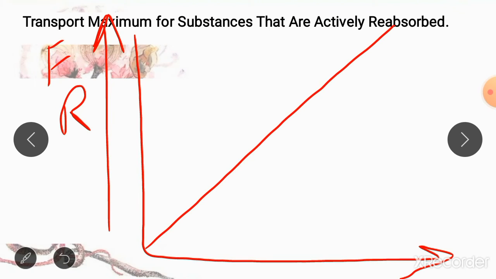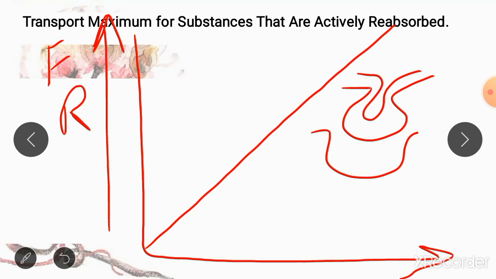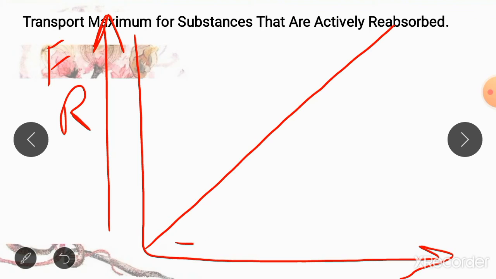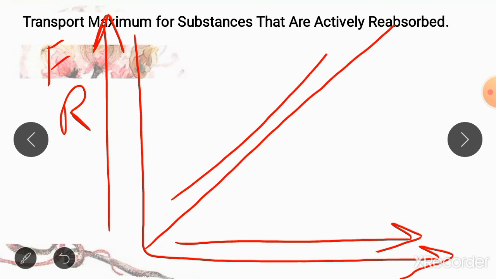So the graph of filtration is always a steep straight line. Why? Because I mentioned before that everything present in your glomerulus is filtered into your Bowman's capsule non-selectively except the plasma proteins. So if the concentration of glucose in your blood increases, its filtration is also going to increase. You can see in this graph that as the concentration of glucose in your plasma increases, your filtration of glucose also increases.